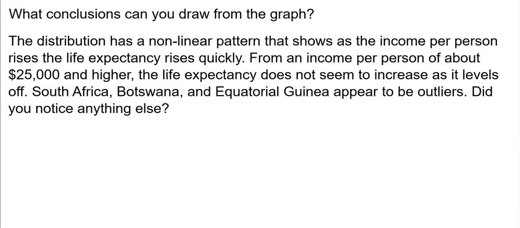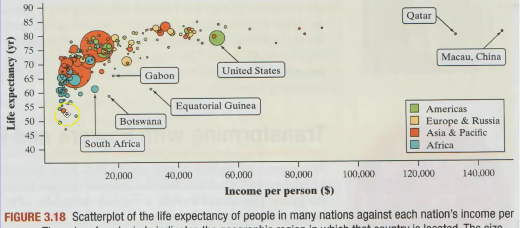So we go a little bit over on x, and life expectancy shoots way up. From an income per person of about 25,000 and higher, the life expectancy does not seem to increase as it levels off. So we rise very quickly until we get to about this x value, and then my graph just kind of levels off.